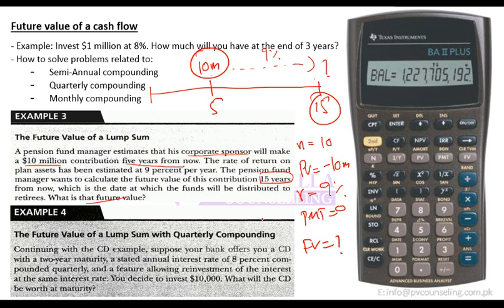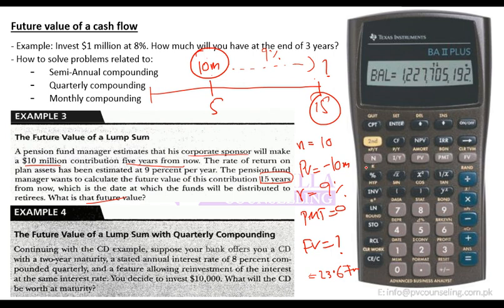So if you plug in these numbers, N being 10, I/Y being 9%, present value being minus 10 million, payment being 0, and compute FV, it would come out to be 23.67 million. That is, in 10 years time, this 10 million will become 23.67 million at the end of the 15th year.